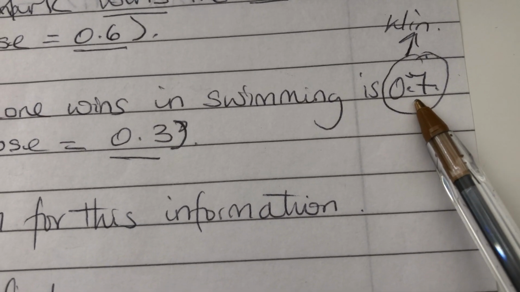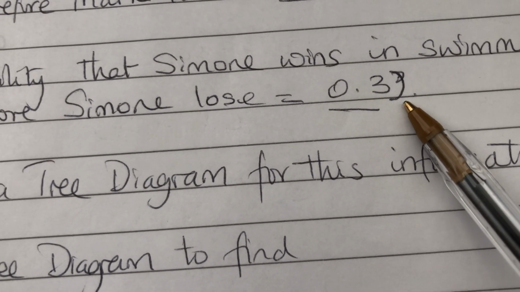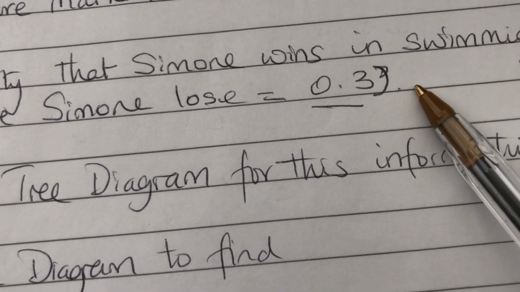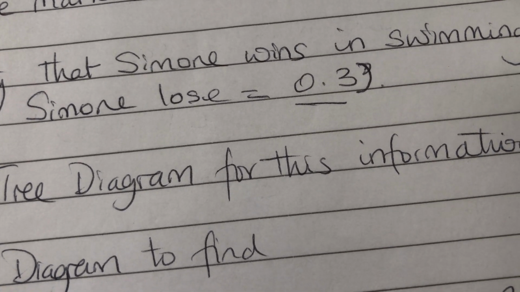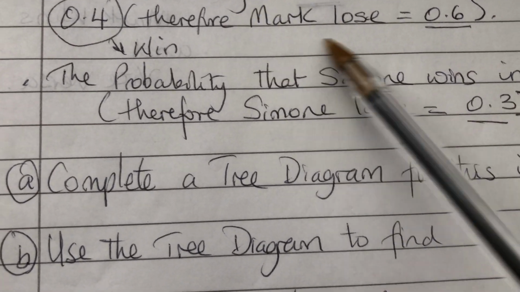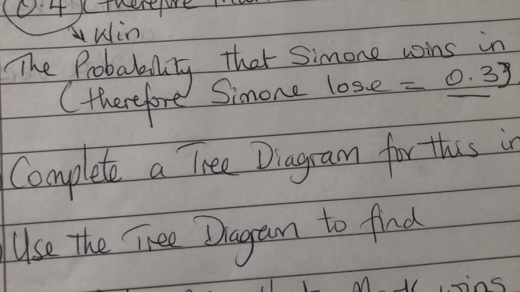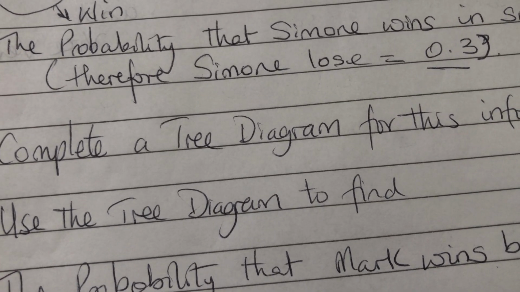So if she's not going to win, then it's 0.3. That will be her losing in swimming. This part and that part was not given. I had to analyze it and insert that.